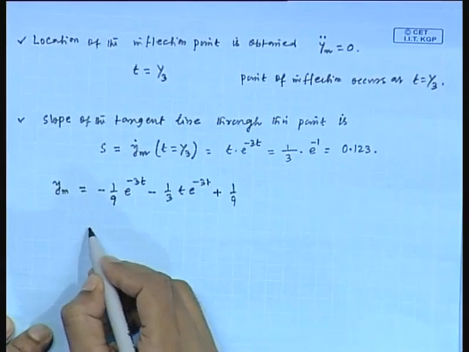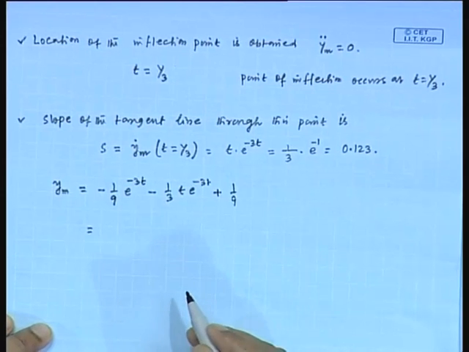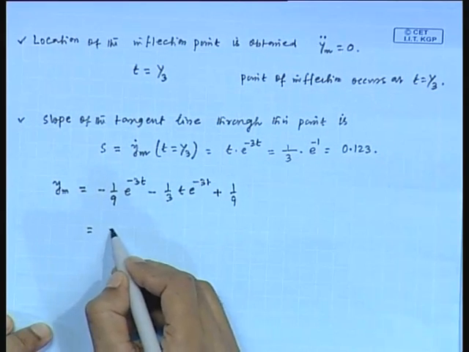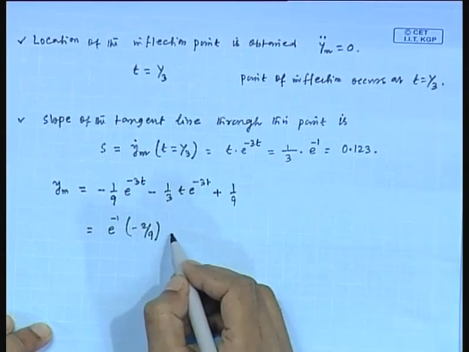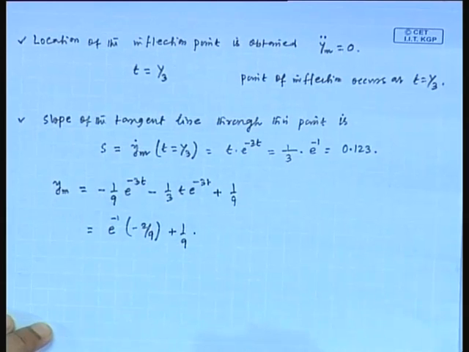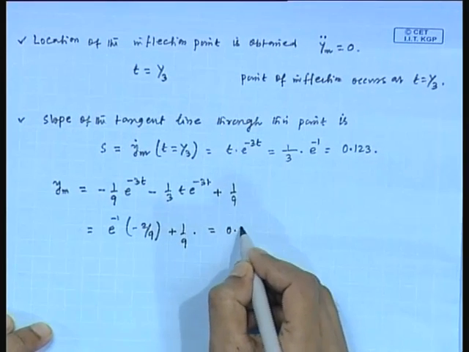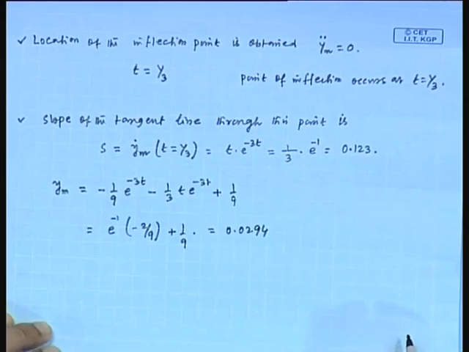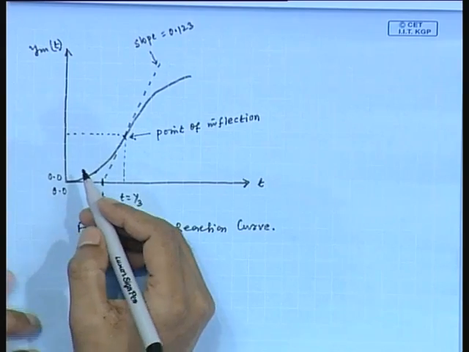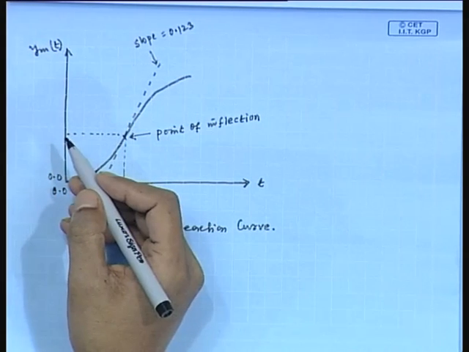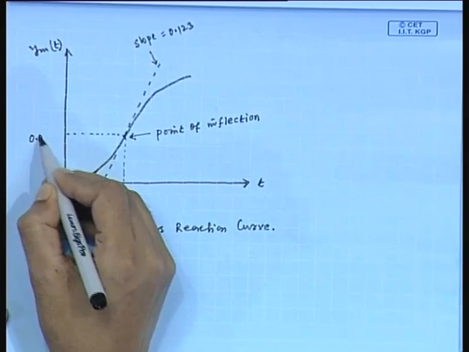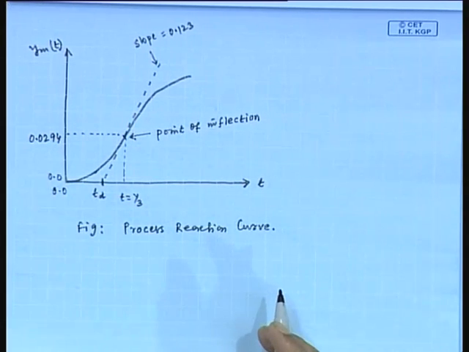If we substitute t equals 1/3, then we obtain this, which is equal to 0.0294. So, the Ym at t equals 1/3 we obtain is 0.0294.